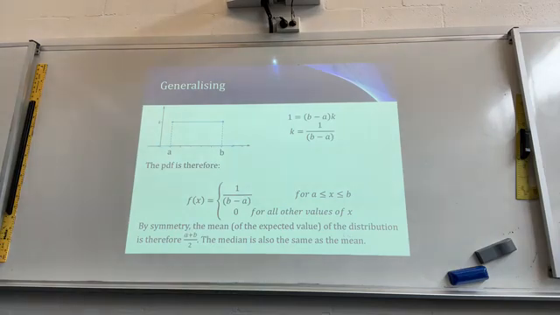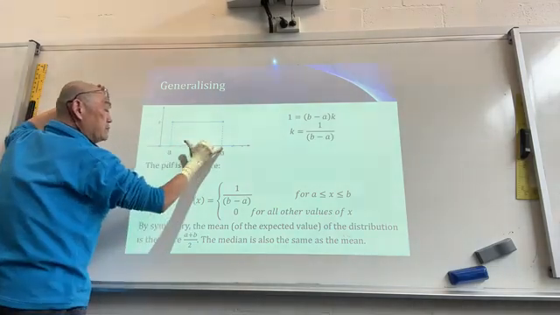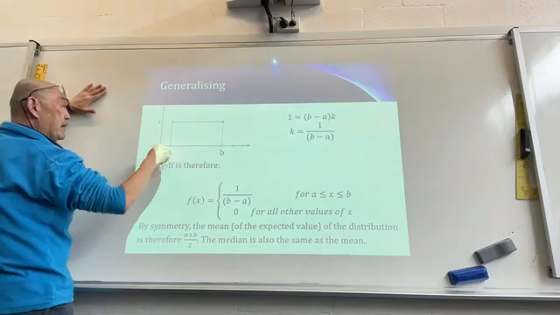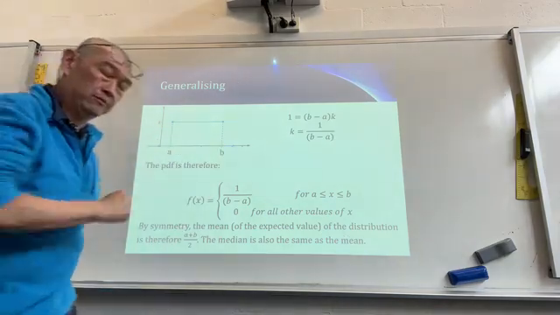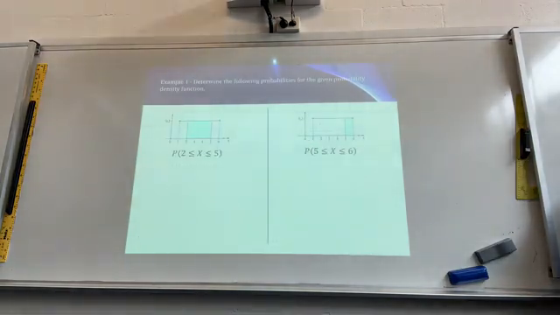So for a uniform distribution, it's a rectangle, pretty straightforward. Mean is right in the middle, median is right in the middle, and it's A plus B divided by 2. And to find K, it's 1 over B minus A. That's all. Now let's do some examples.